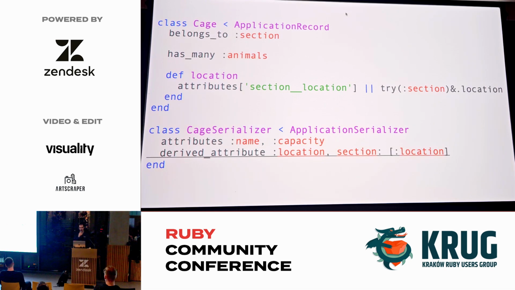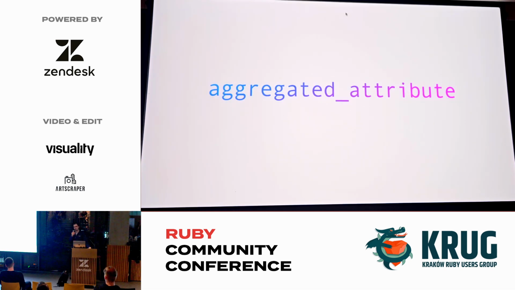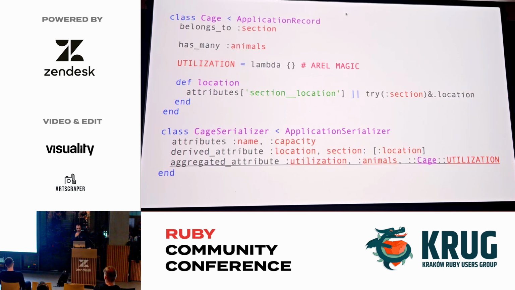Then there is another thing called aggregated attribute, something like utilization. It's a similar logic. You set up an aggregated attribute, and set up on which table you're doing it.